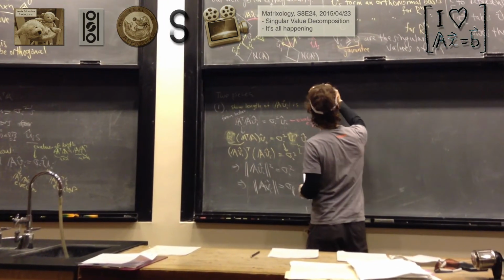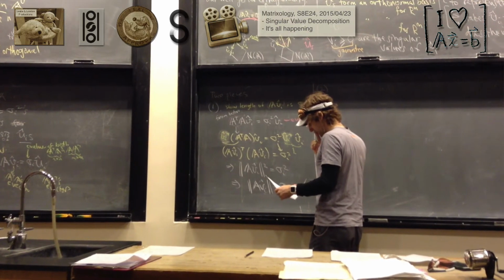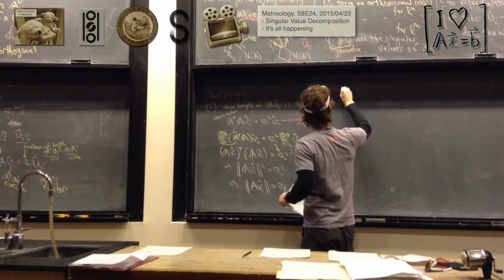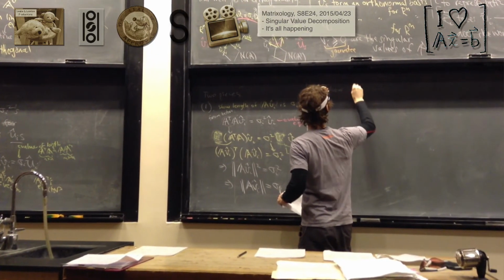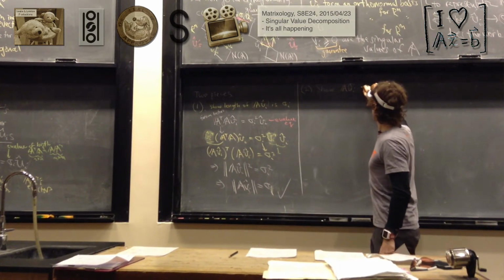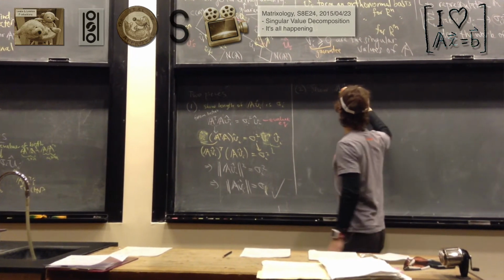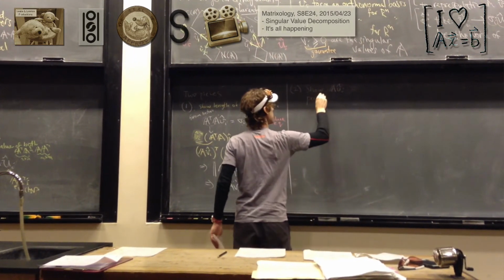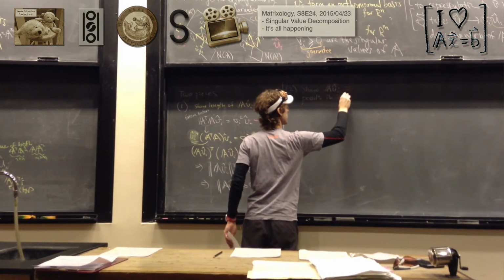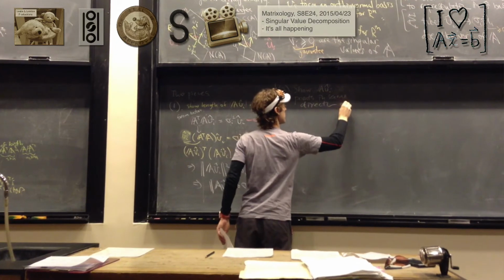So part 2 is, we need to show that A times VI points in the same direction as the UI.